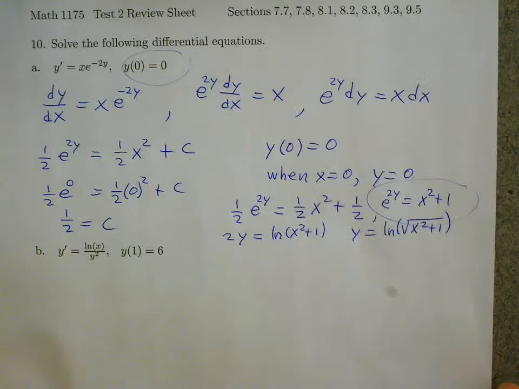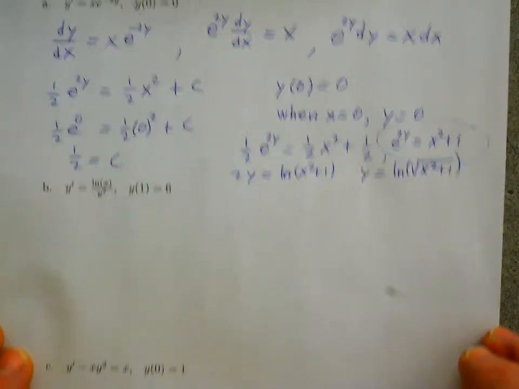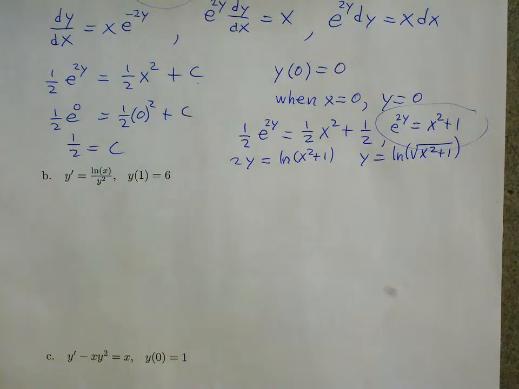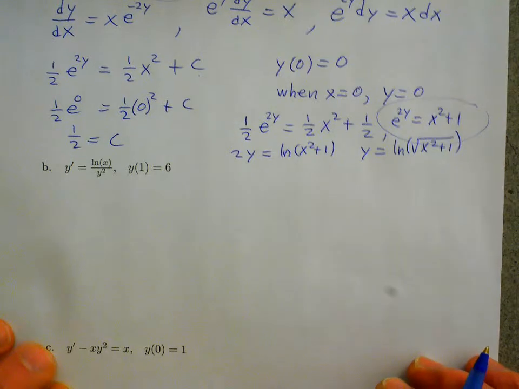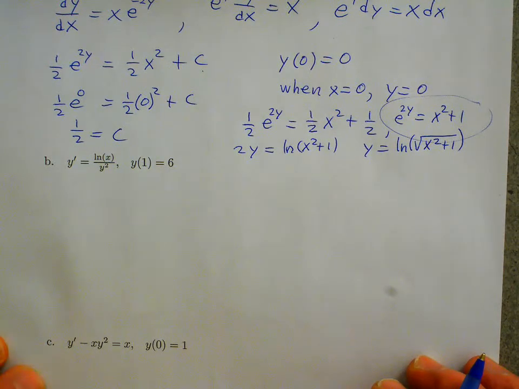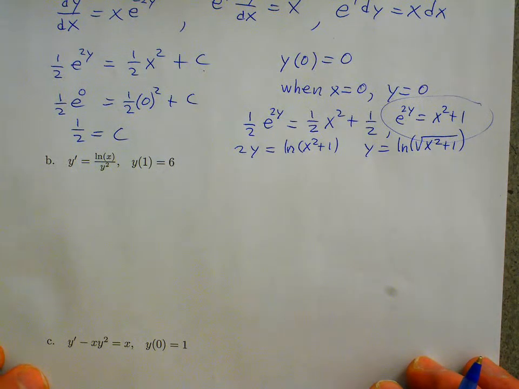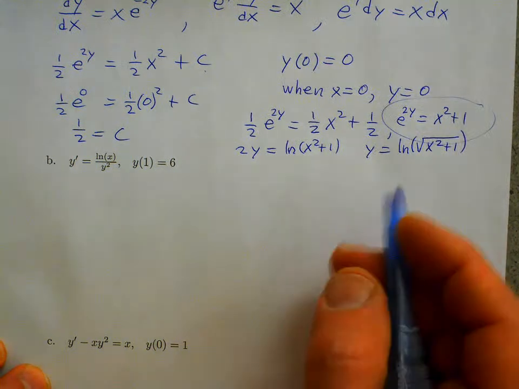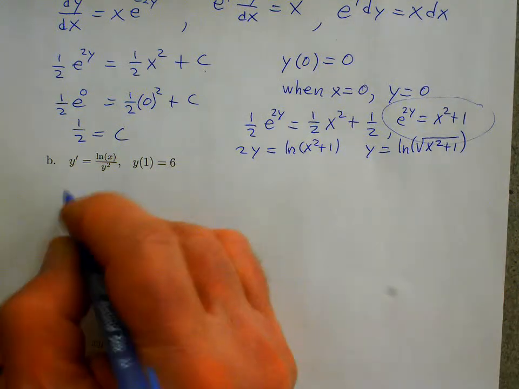Okay, the next one, y prime equals the natural log of x divided by y squared. Y of 1 equals 6. So I see a y squared, so it's not linear. So it is separable.